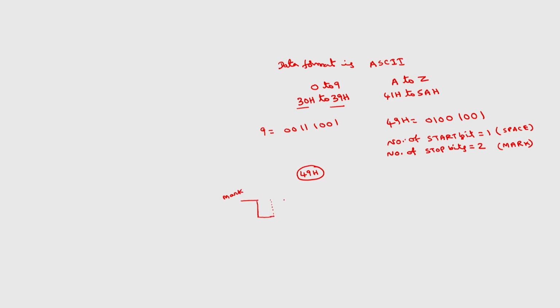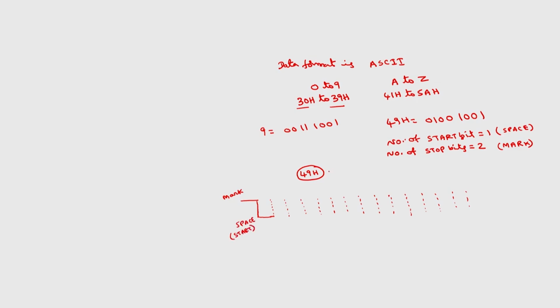What should be the clock duration? So, these are the equal duration pulses you have to transmit. So, this is space which represents one start bit.